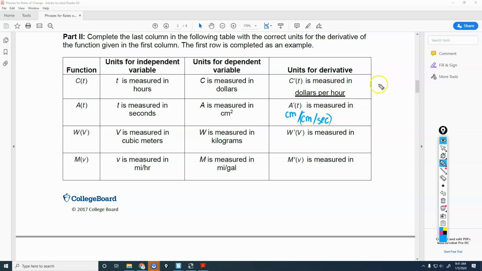Or does it? Centimeters times seconds over. No, that won't work. Your centimeters would cancel. You just get seconds. Unless, no, it won't work. Your centimeters will cancel. It will not work.